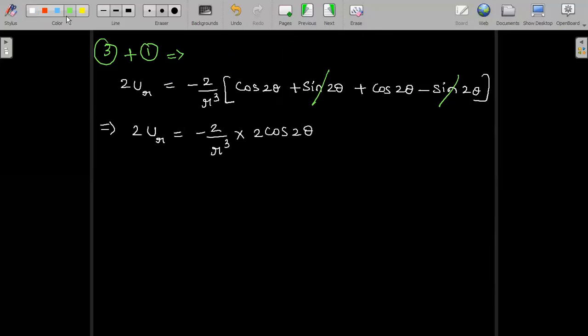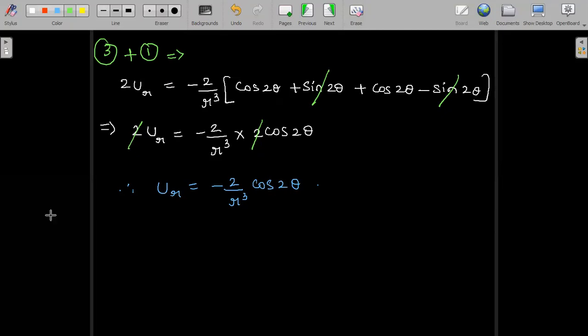Of course, in the previous step itself, we would have cancelled. And the expression for Ur that we have obtained is, therefore, Ur is equal to minus 2 by r cube into cos 2 theta. So later we'll be in need of this. This is the expression for Ur for us.